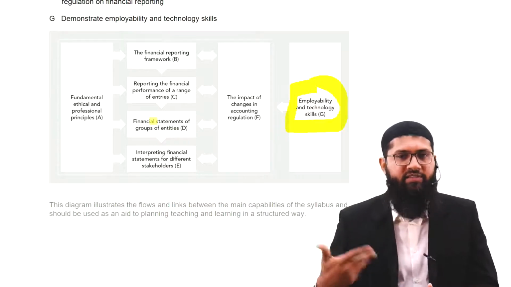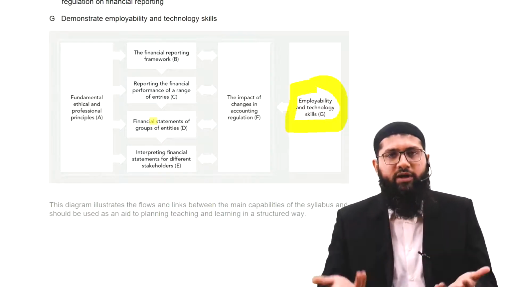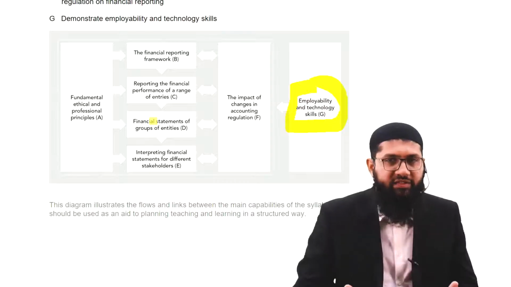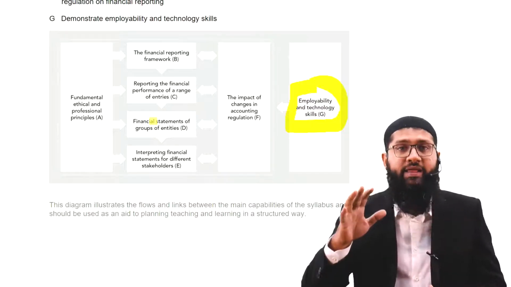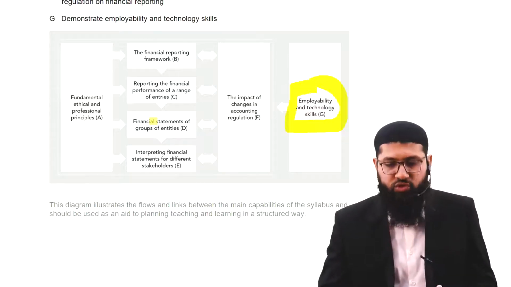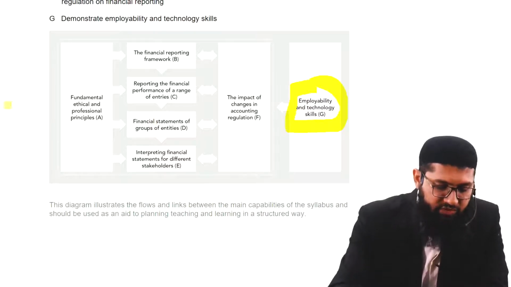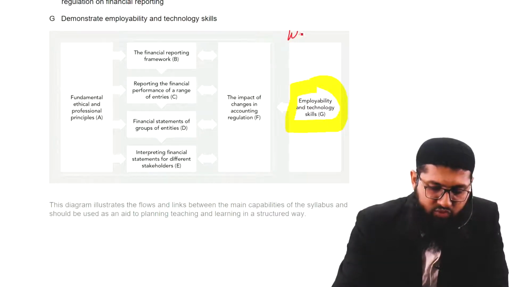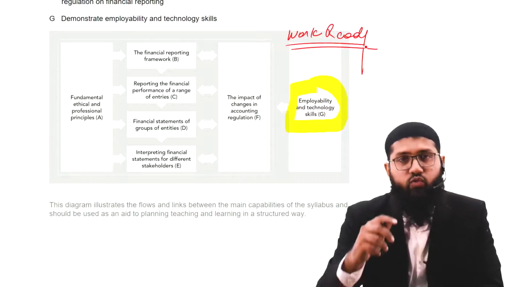As a mission to ensure that the employment of their graduates increases, ACCA has made an aim to enhance the employability skills of their students. So how would they enhance the employability skills of their students? They want to make their students work ready. I repeat, they want to make their students work ready.